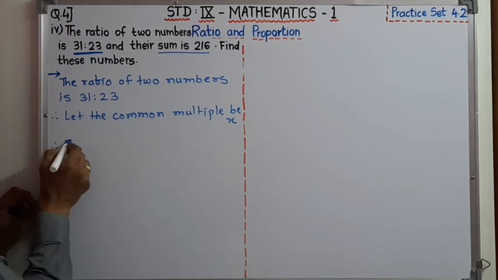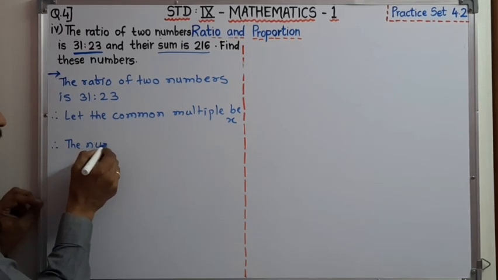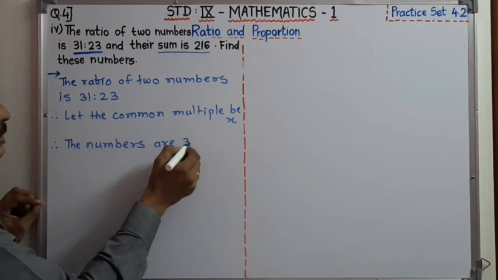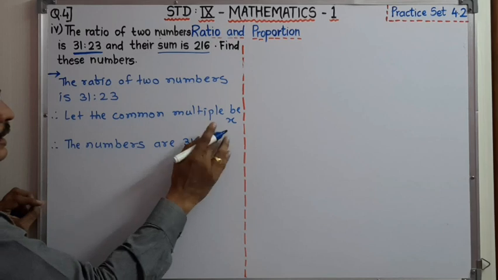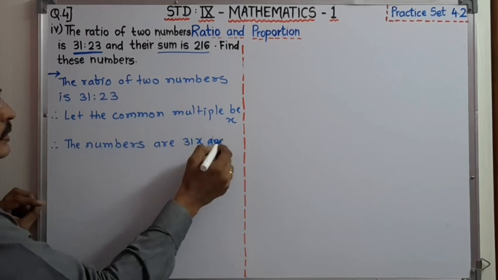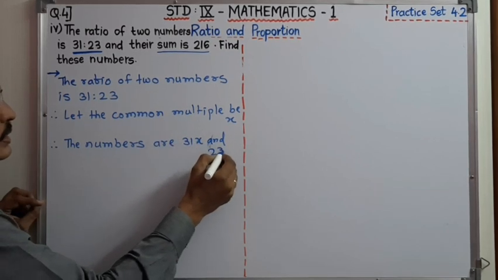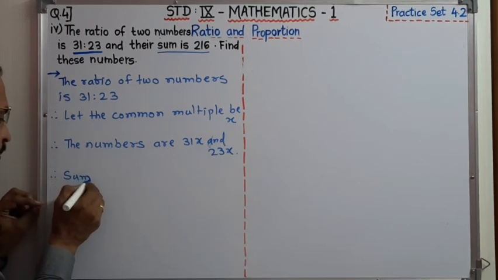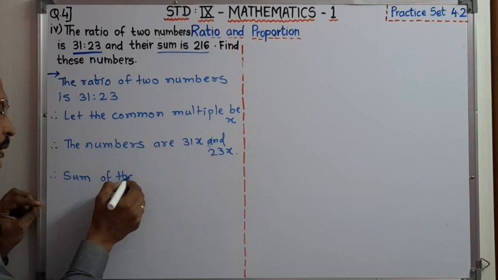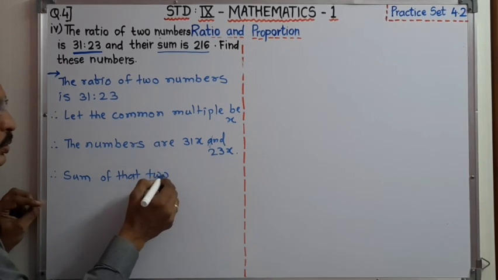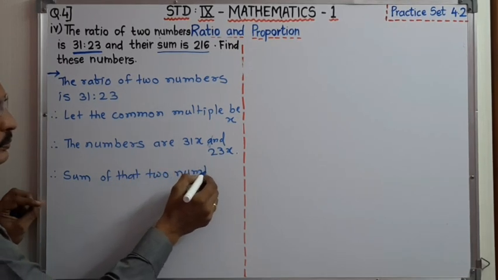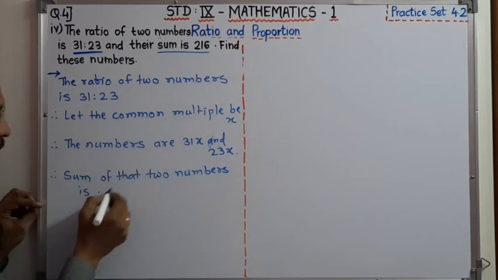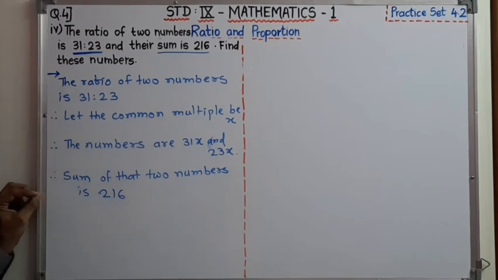Therefore the numbers are 31x and 23x. Sum of that two numbers is, how much it is given? 216.